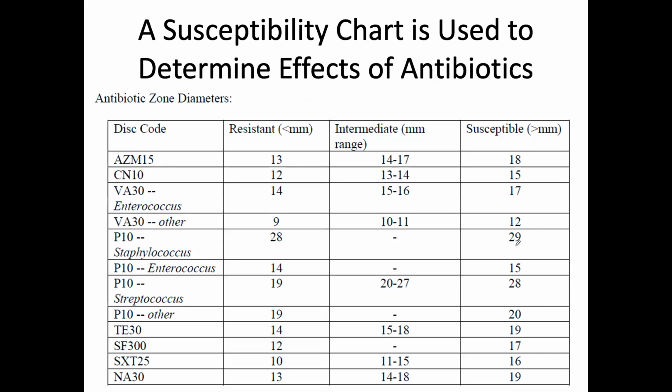So there are some examples: resistant, intermediate, susceptible, which you could also call sensitive. That tells you what to pick, based on the diameter of the zone of clearance.